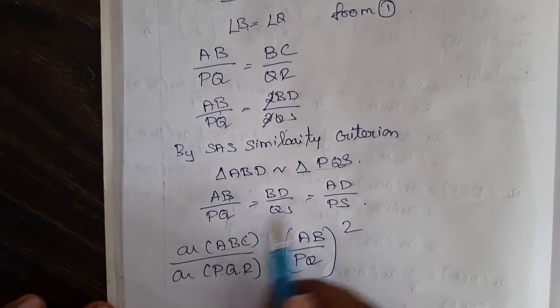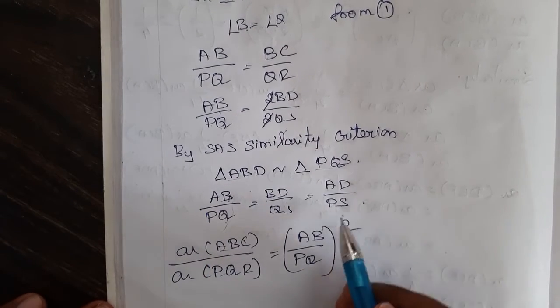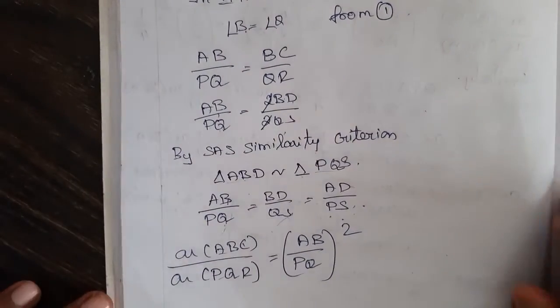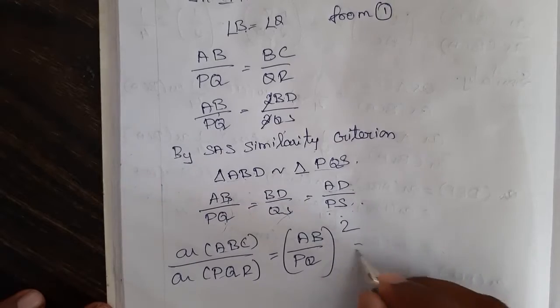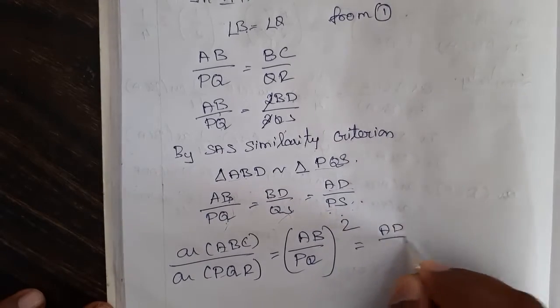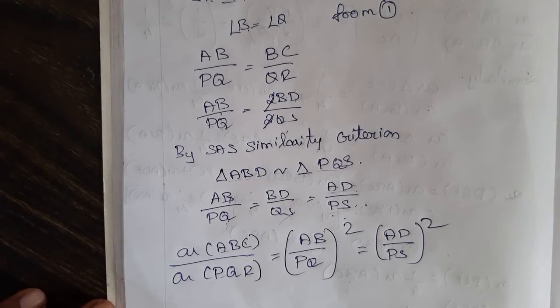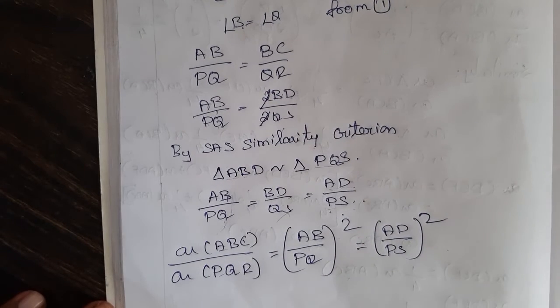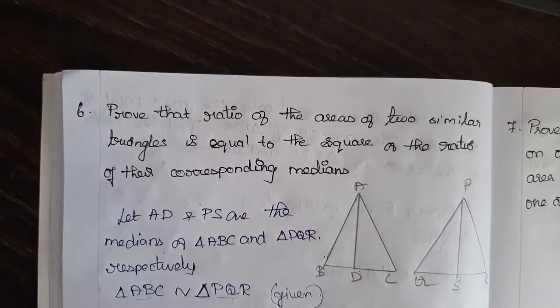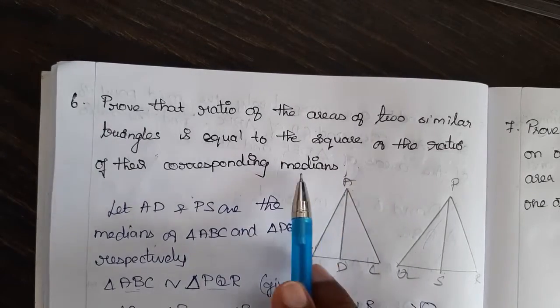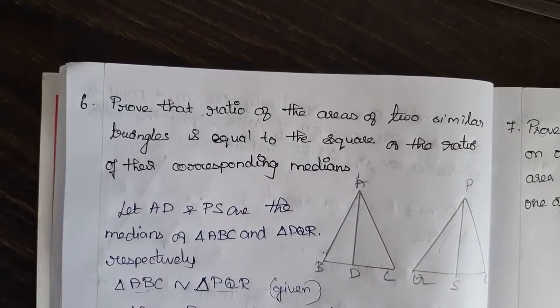Now AB by PQ we can write as AD by PS, since we have to prove it about the medians. Here AD and PS are the medians, so AD by PS the whole square. Just remember this, and we can use it if they give a 1 mark question involving numbers. This problem will help to prove the median result.